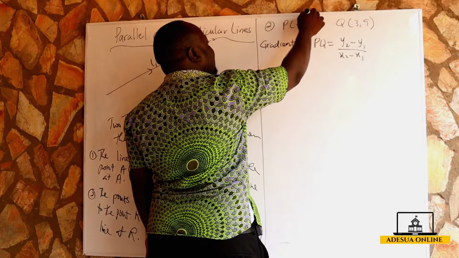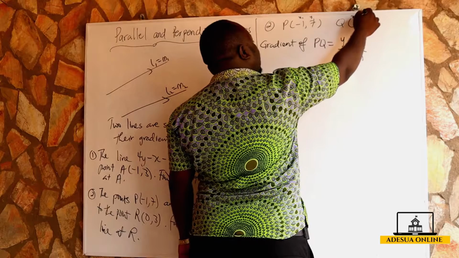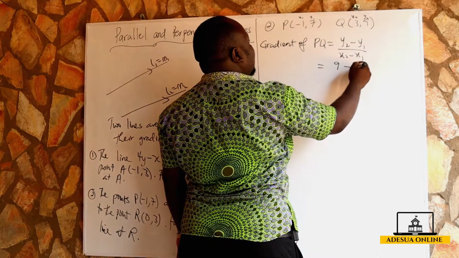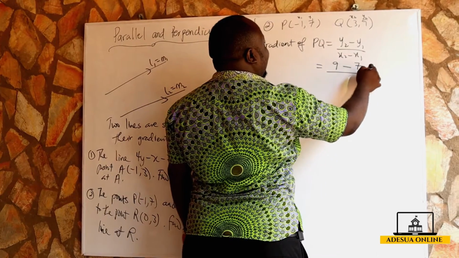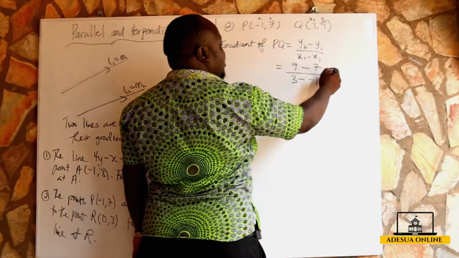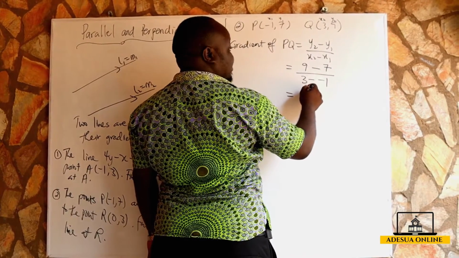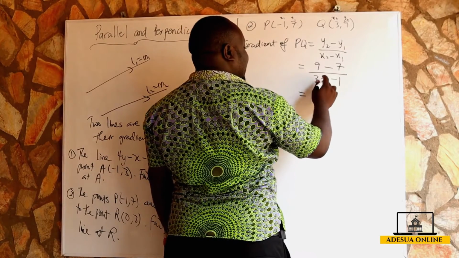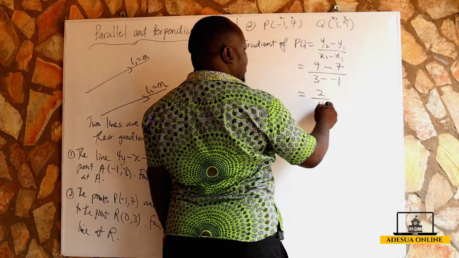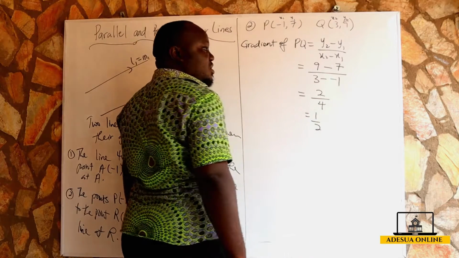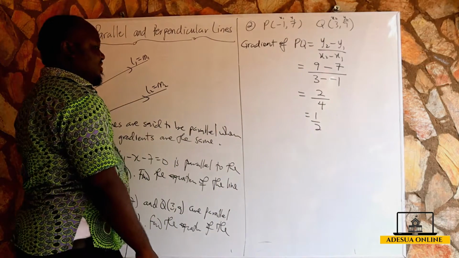So if this is our x1, y1, x2, y2, our gradient is 9 minus 7 over 3 minus (-1). So 9 minus 7 will give us 2, over 3 plus 1, which will give us 4. So this will give us 1 over 2. So now our gradient is 1 over 2.